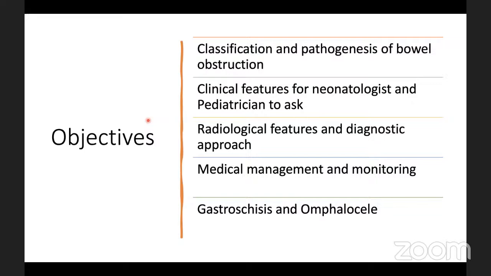Some points will be discussed on the preoperative and postoperative management and monitoring. Finally, I will touch base on a few things on gastroschisis and omphalocele. And in the end, we will have an interactive session on MCQs that will be the most interesting part of my presentation.